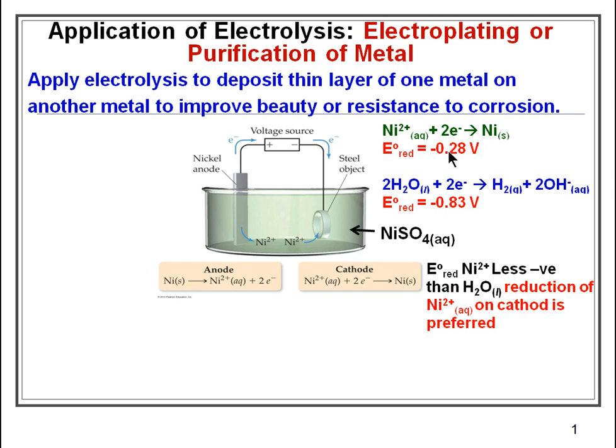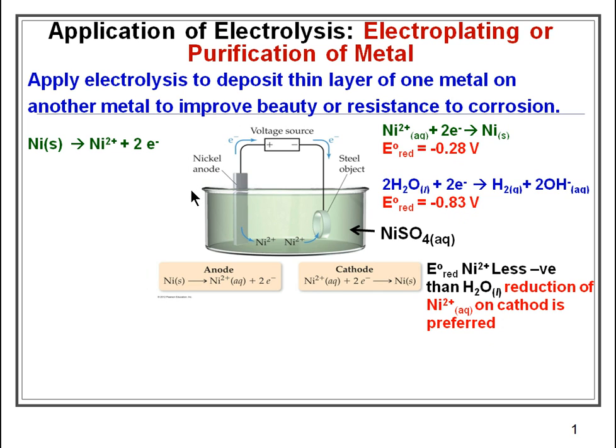It is minus 0.28 for nickel ion, which is less negative than minus 0.83 volt for water, or you can say more positive than water. Therefore, reduction of nickel ion on the cathode will be the preferred reaction rather than water reduction.